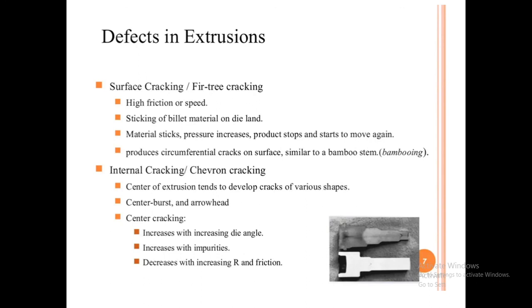Then center cracking is a type of defect that develops in the extrusion process. Why will this center cracking be developed? It increases with the die angle. As we discussed in the extrusion process, there is an angle beta, and if this angle is increased, then the cracking will increase.